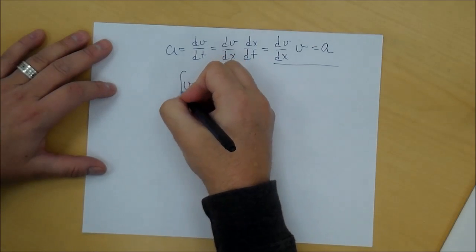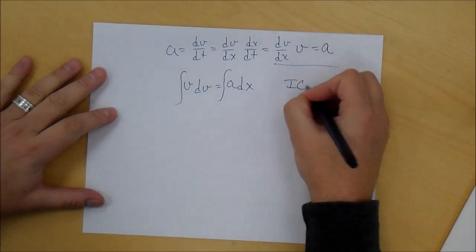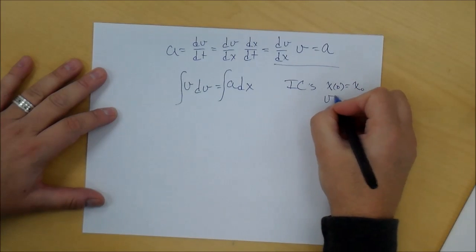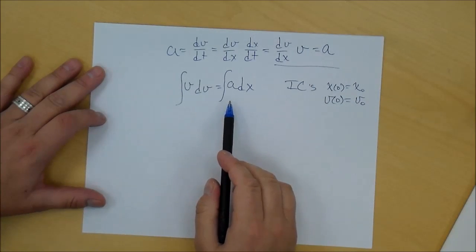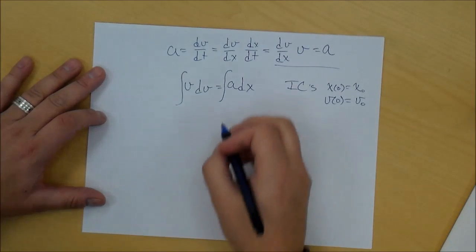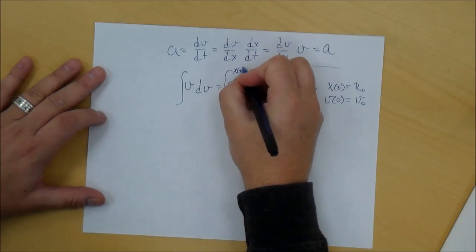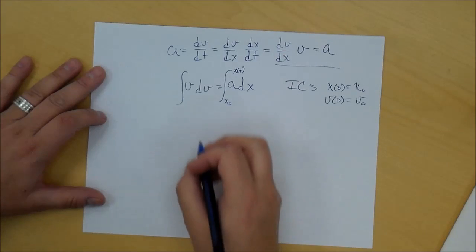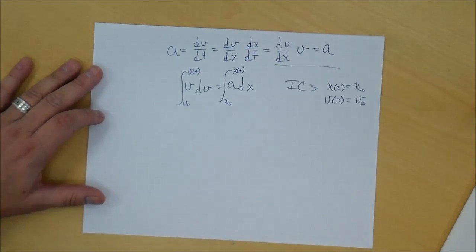And now I can integrate both sides of the equation, right? And just like we did before, using information about our initial conditions, the initial position is x naught, the initial velocity is v naught. Now time does not appear explicitly in this equation, so for dx the integral goes from the initial to some arbitrary final, x of t, and this goes from the initial velocity to some arbitrary final velocity v of t.